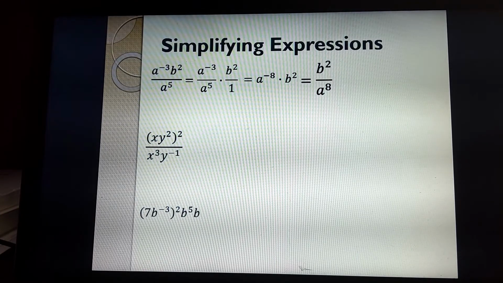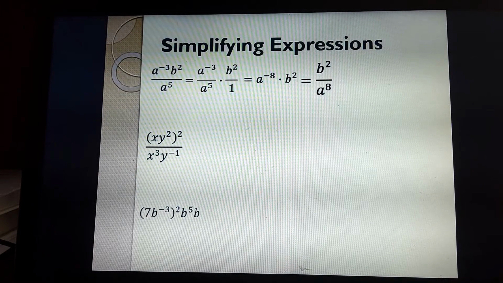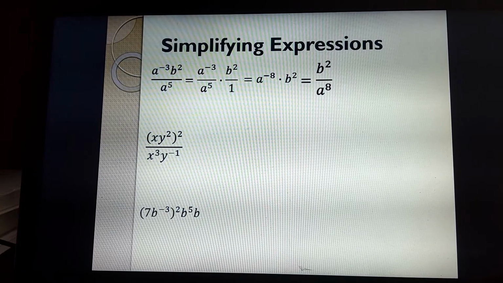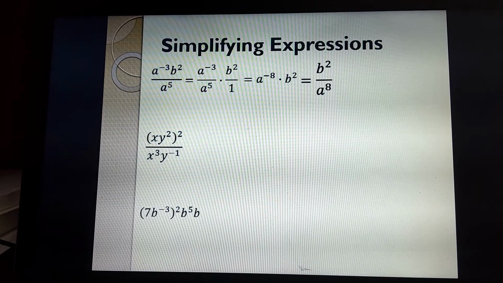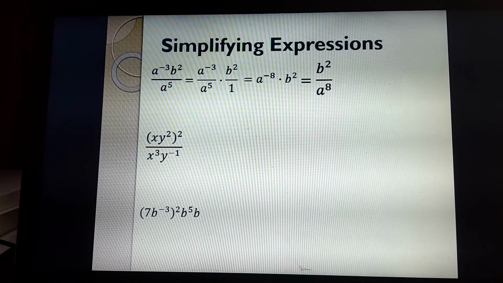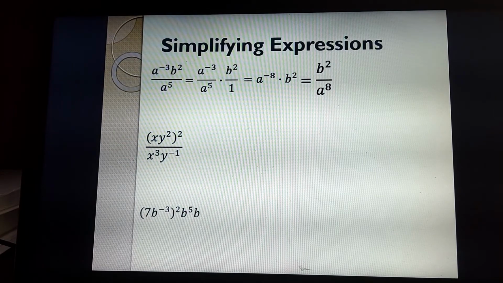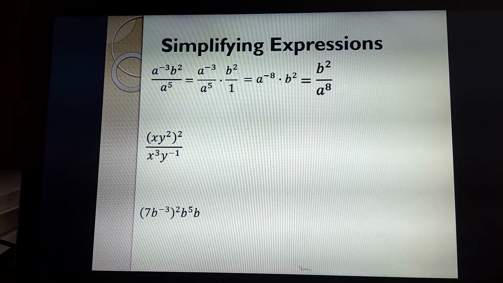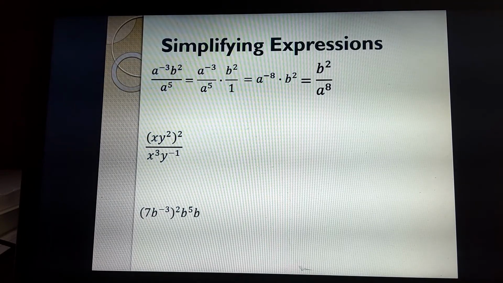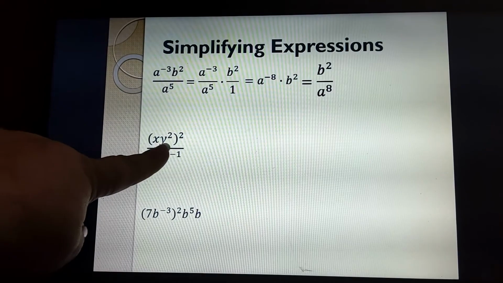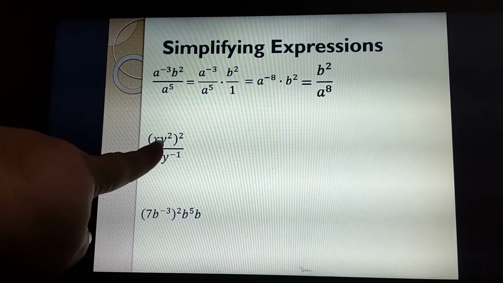Okay. My next one, (xy squared) squared over x cubed y to the negative 1. When you see this and you have parentheses, try and start where the most stuff is. So on top, we have the most stuff. Inside these parentheses, you have two different bases, so you can't do anything with those.